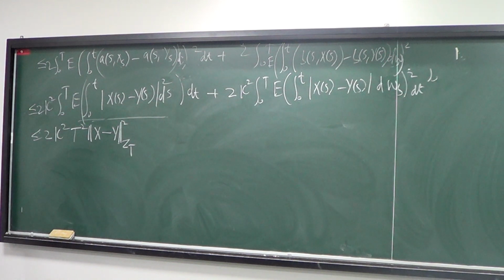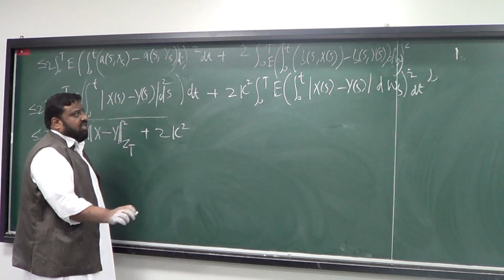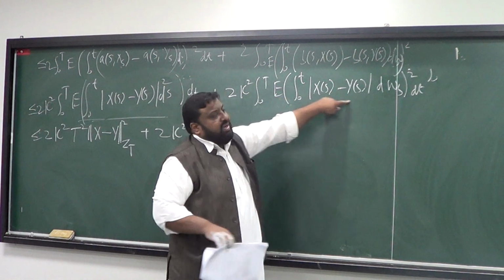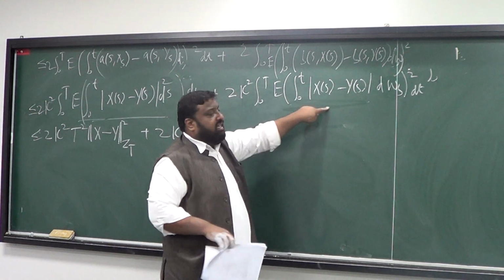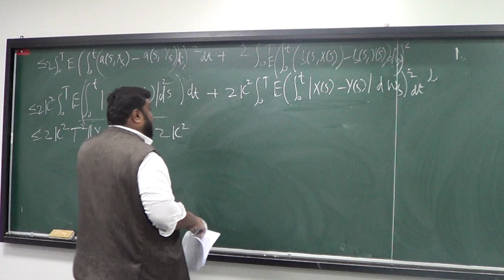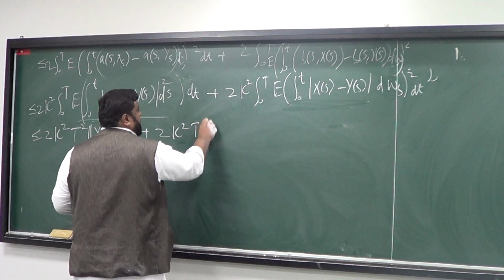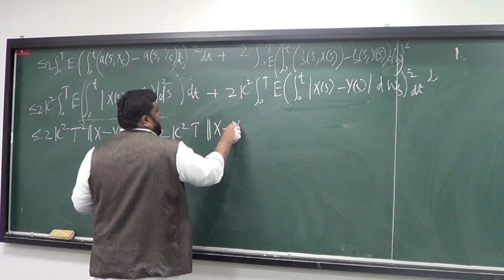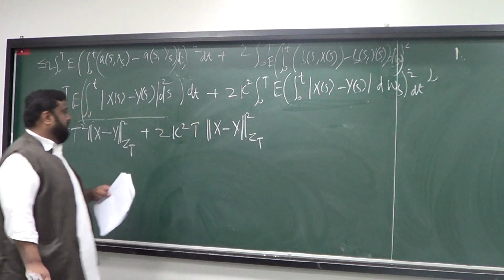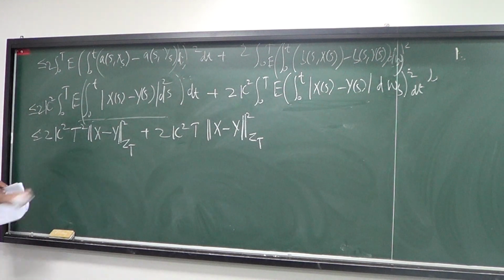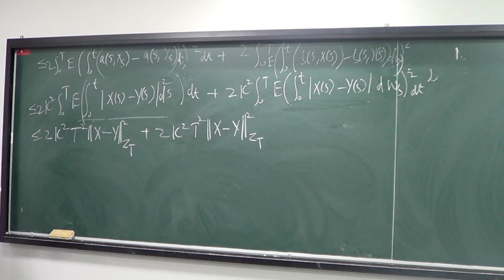How about this one, 2k square, again by the Itô isometry. So you can again apply the Itô isometry and you're going to get 2k square t plus the norm of X minus Y in Z_T square actually. Let's put a square on the t's actually, it doesn't make any difference, think about it.